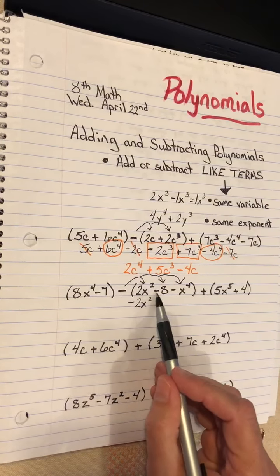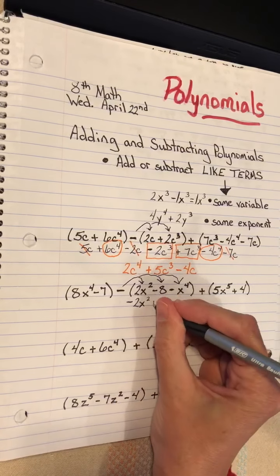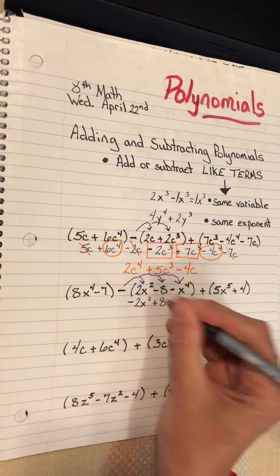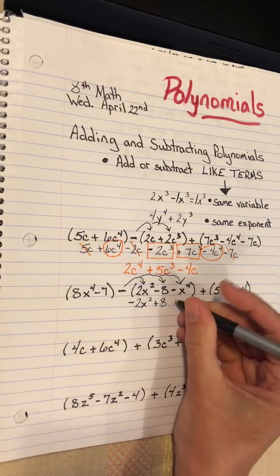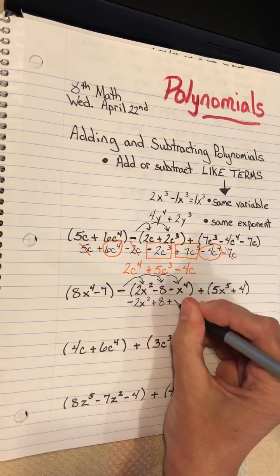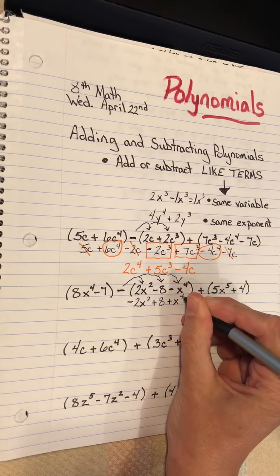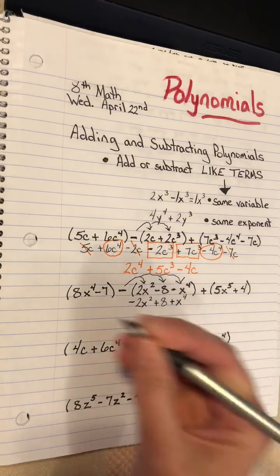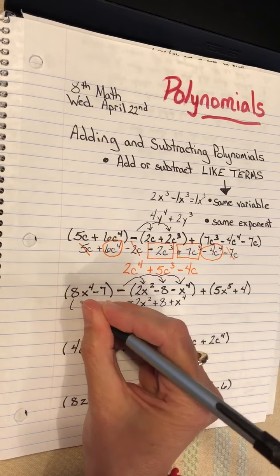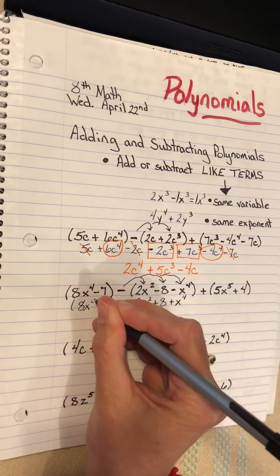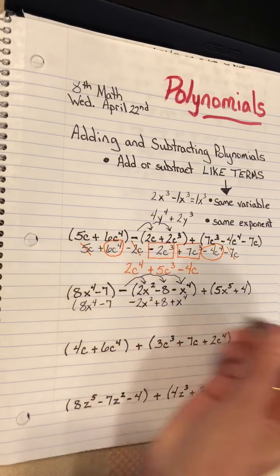A negative -8 turns into a positive 8. And a negative x to the 4th turns into a positive x to the 4th. The other two parentheses do not have the negatives, so I am just going to bring them down.